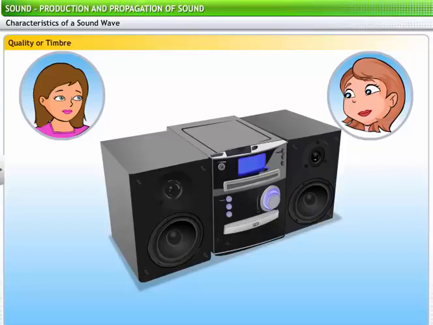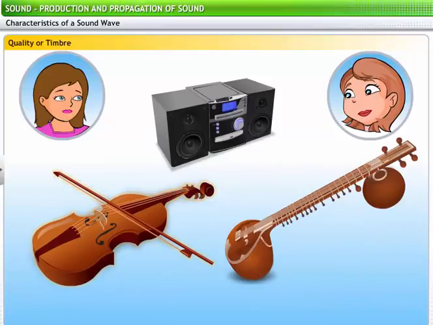Yes, it is definitely two instruments. One sounds like a violin and the other could be a sitar. You could identify the difference in instruments because of the type of sound you heard, right? Yes.